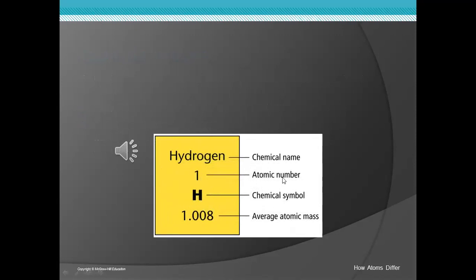This is hydrogen as an example. This is the symbol of this element. H means that it's hydrogen. Chemical name, it's hydrogen. Here are its atomic number and mass number, but in this image, he reversed the two numbers.